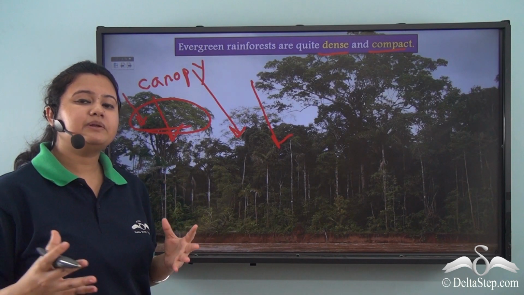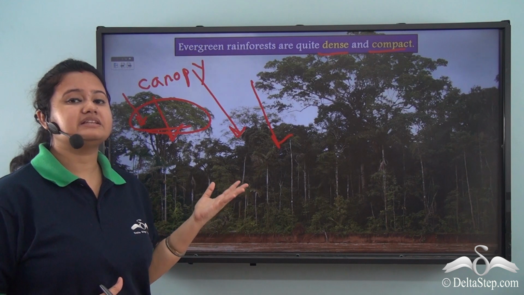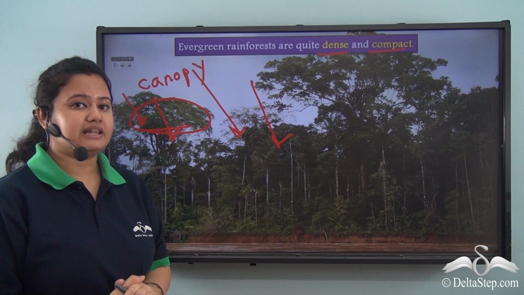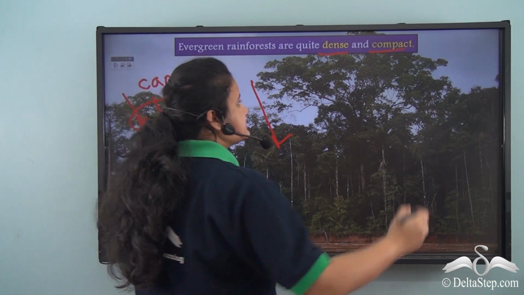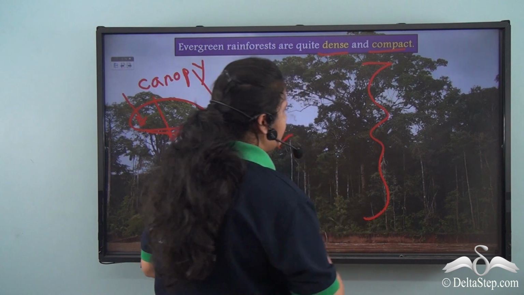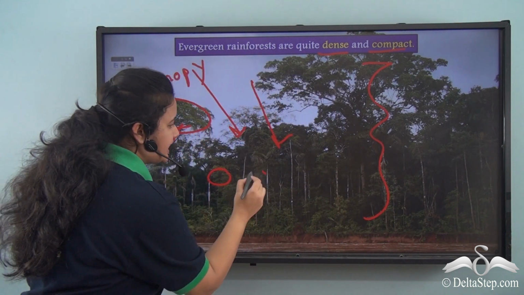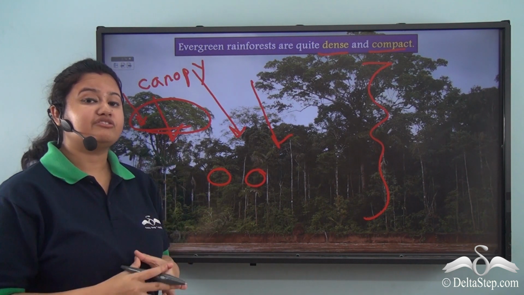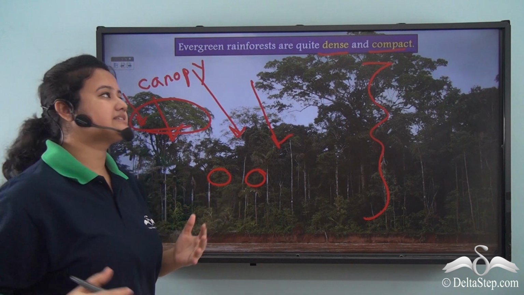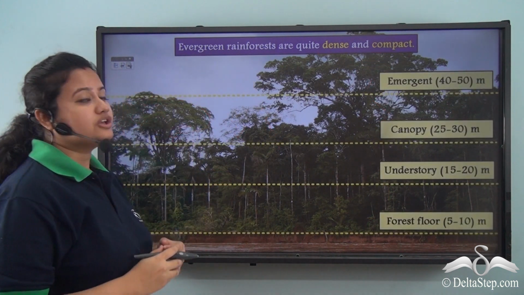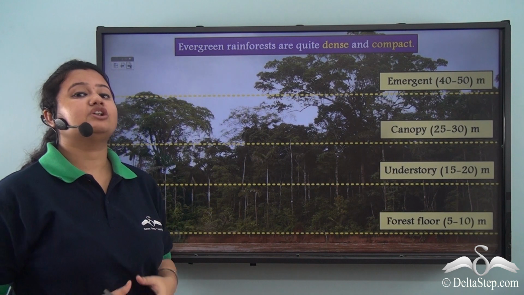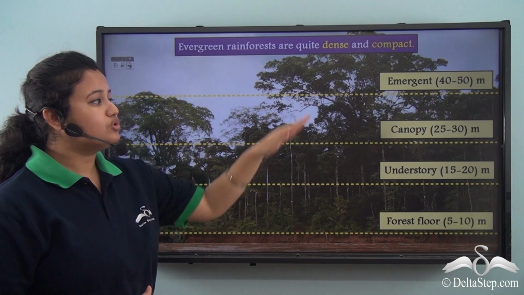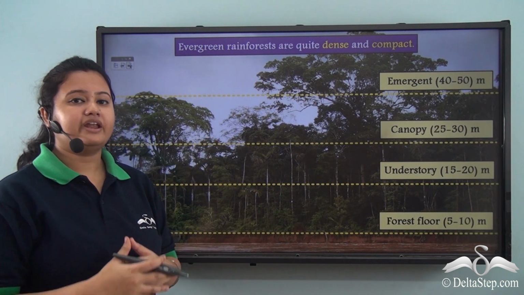Now since the availability of sunlight is quite limited in this region, the trees grow in height in quest of sunlight, and in this quest some trees acquire very tall heights, while not all trees can grow to such tall heights, and therefore in these rainforests we can find trees of varying heights. So the entire vegetation of evergreen forests can be divided into 4 groups on the basis of their heights.